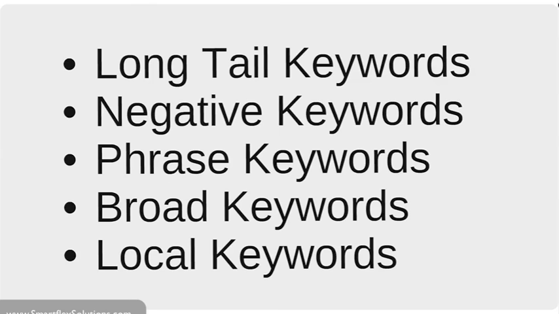Let's say that someone is doing a group boot camp fitness training in downtown San Diego. Someone might go on Google and search for downtown San Diego group fitness boot camp. And that's a long tail keyword.